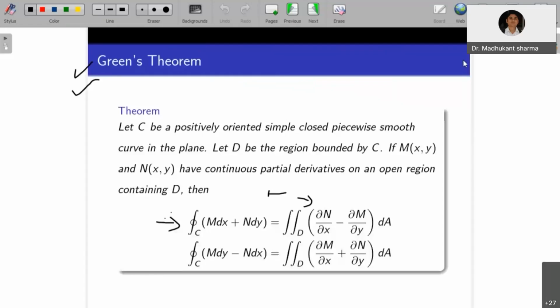Let me share the screen. Yeah, screen is visible. Yes. Okay.